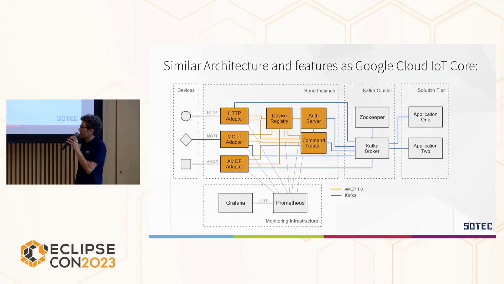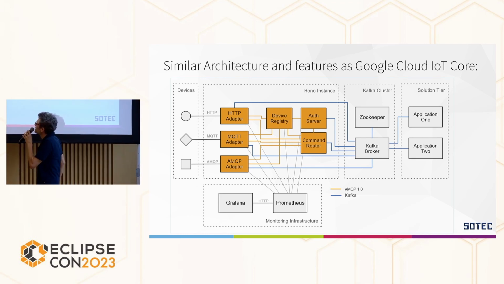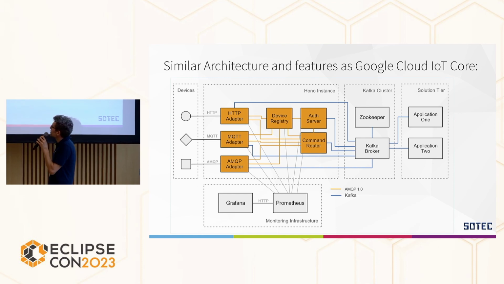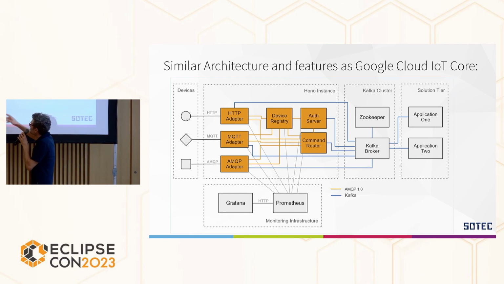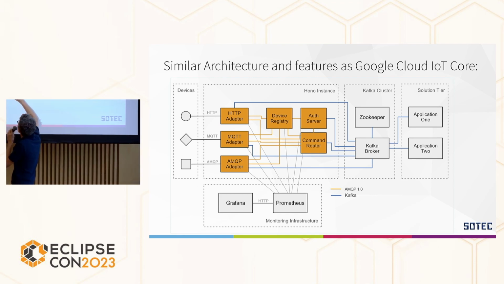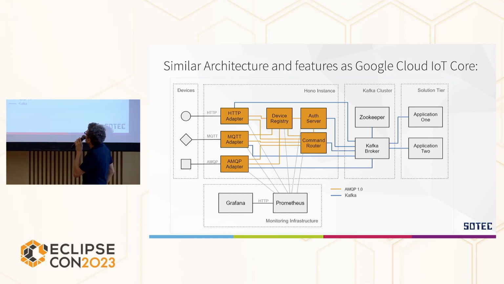And let's have a look at the architecture of Hono, and this looks quite similar to IoT Core. On the left-hand side, you have the ingest layer, with different protocol adapters. Then there is also a device registry component where you have the device credentials stored. And you have here a command router that is sending commands coming from applications down to the devices.